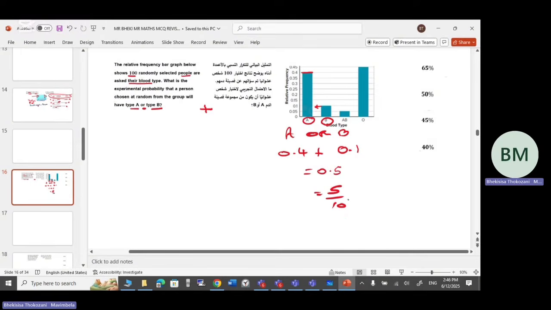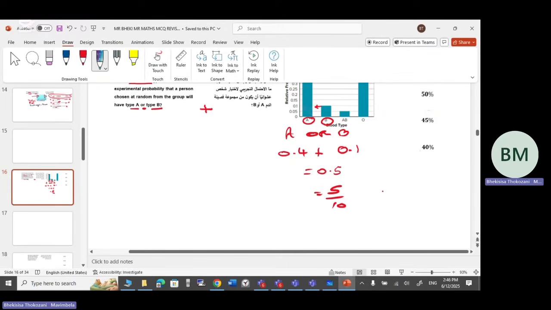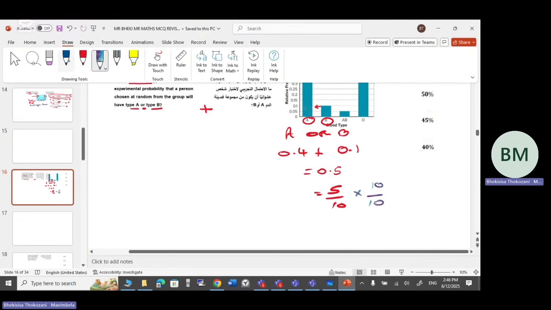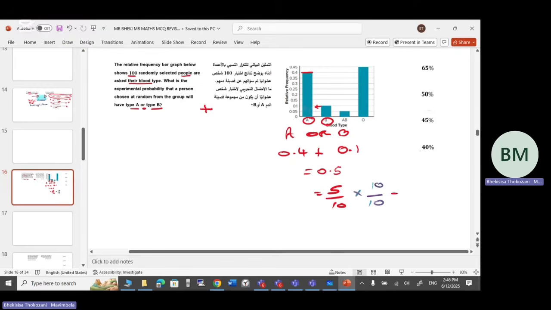I want to convert this into a percent. There are many ways to do this. I'm going to multiply everything by 10. Why multiply by 10? Because I want to have over 100, because a percent is over 100. So 5 times 10 gives us 50, and 10 times 10 gives us 100. So 50 over 100 is the same as 50%.